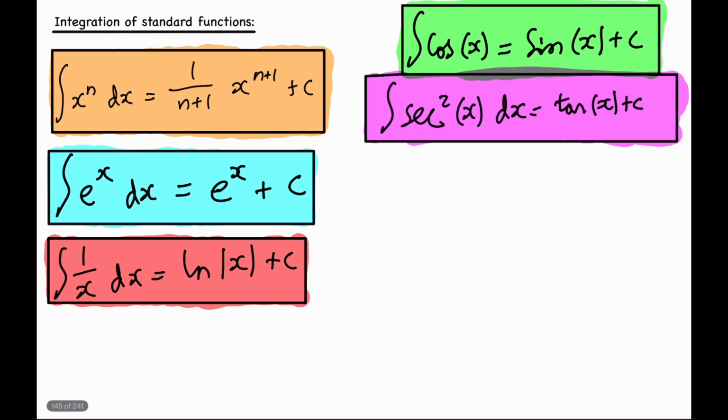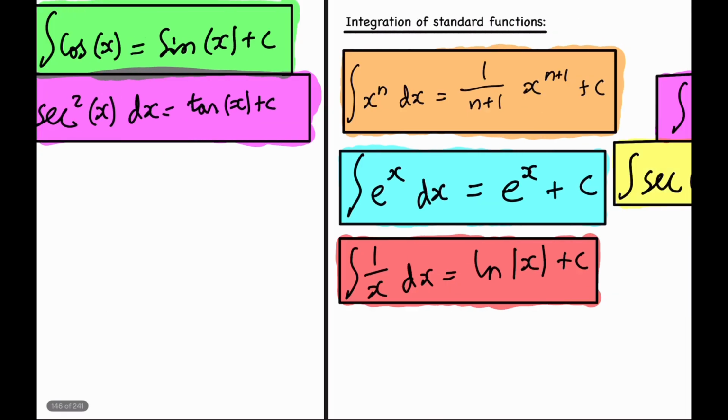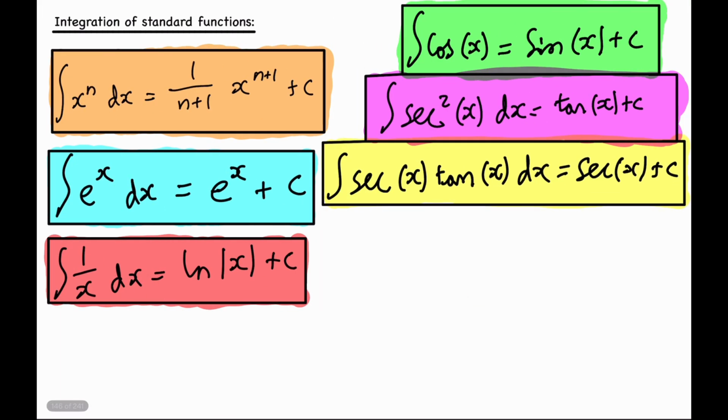And these are for if you have done second year trigonometry: sec squared x dx. When you integrate this, you get tan x plus c, and a lot of these will be in your formula sheet. And then when you integrate sec x times tan x, you get sec x plus c. These are also pretty useful, and they will ask a lot of questions in the exam.